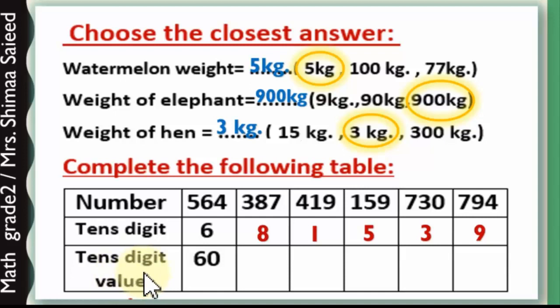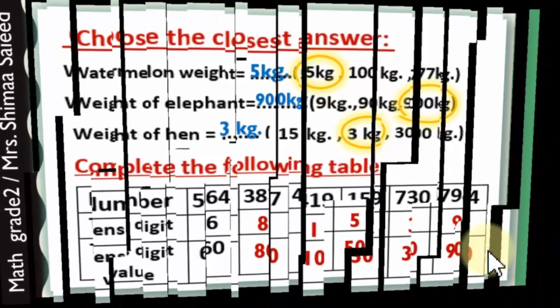Pay attention, the value. 8 in tens place, its value is 80. 1 in tens place equals 10. 5 in tens place equals 50. 3 in tens place equals 30. 9 in tens place equals 90. You're great.